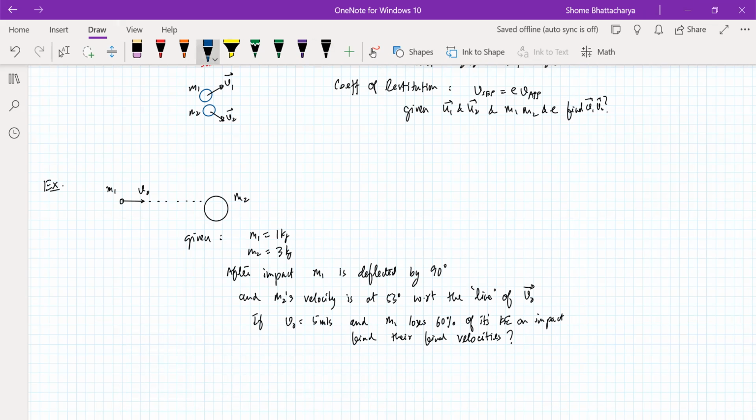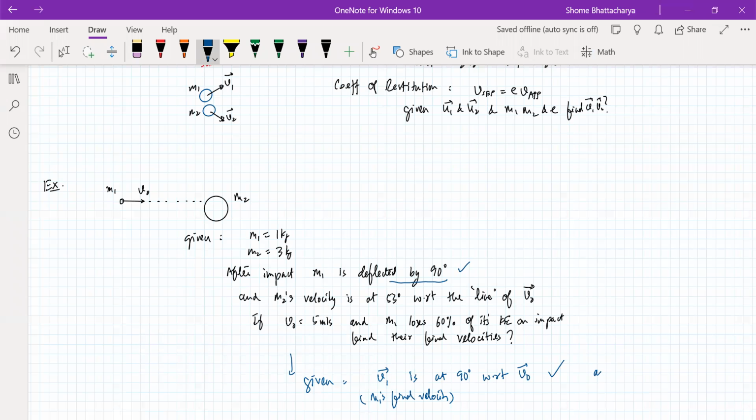So you can see that what is given is that V1, that is M1's final velocity, is at 90 degrees with respect to V0. That is the first information that is given, because it says it is deflected by 90 degrees.